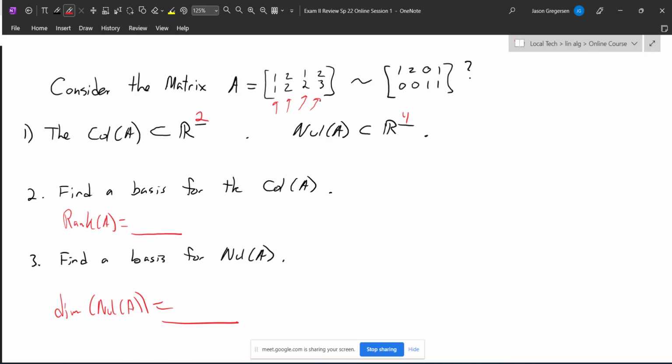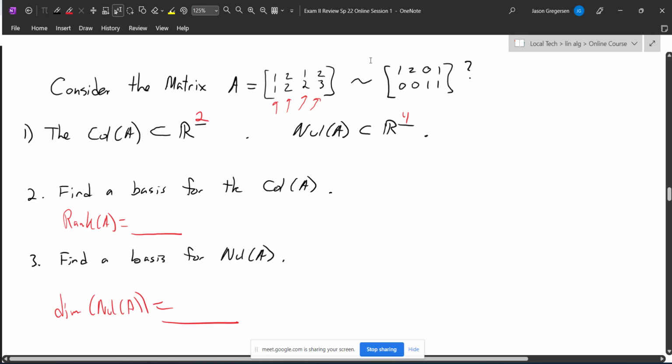To find out which vectors are linearly independent, I would do the row reduction. I would then identify the pivots. Because there's a pivot in column 1 and column 3, I would take column 1 and column 3 of the associated matrix A. So a basis for the column space would be (1, 1) and (1, 2).